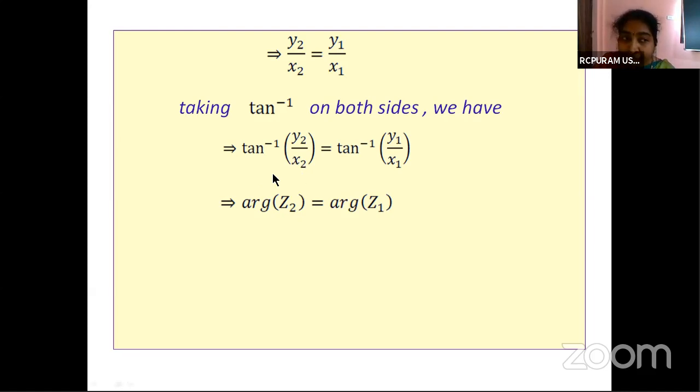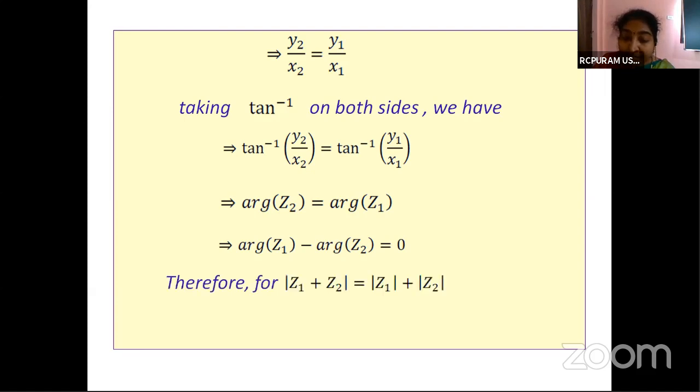This we have seen in the previous sessions, okay? So get all the terms to one side. Argument of z1 minus argument of z2 is equal to 0. This is what you are getting. And the question, when you are given mod of z1 plus z2 is equal to mod z1 plus mod z2, then you will get argument of z1 minus argument of z2 is equal to 0.